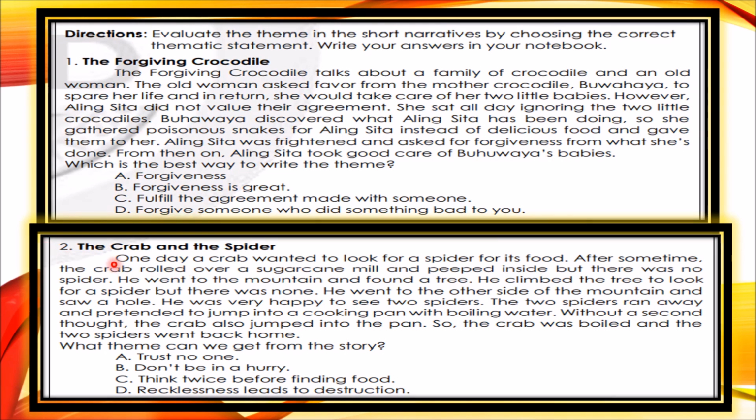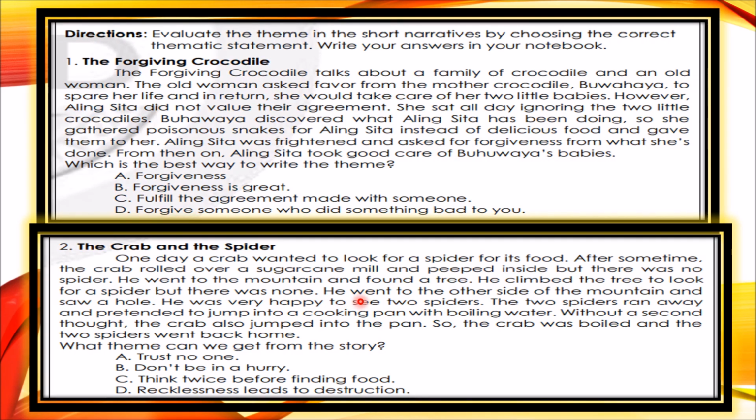Next. Second, the crab and the spider. Let us read all together. One day a crab wanted to look for a spider for its food. After some time, the crab rolled over a sugar-cane mill and peeped inside, but there was no spider. He went to the mountain and found a tree. He climbed the tree to look for a spider, but there was none.